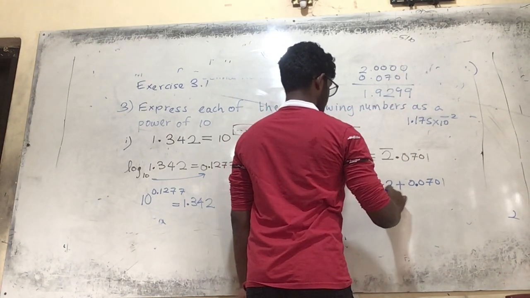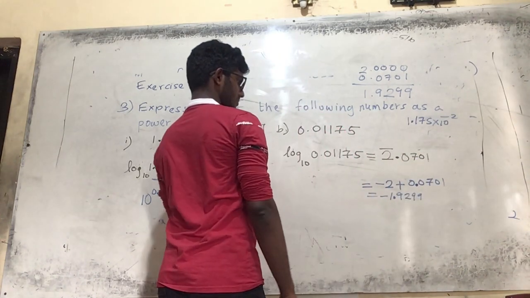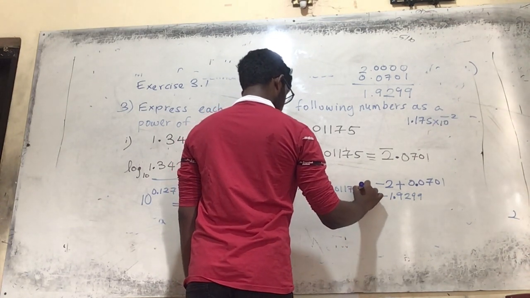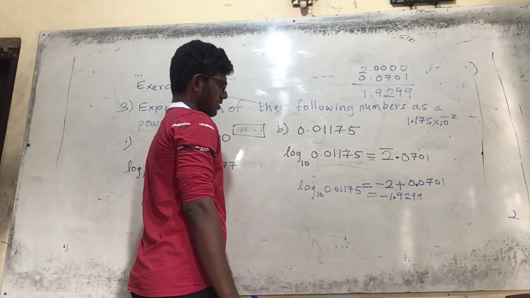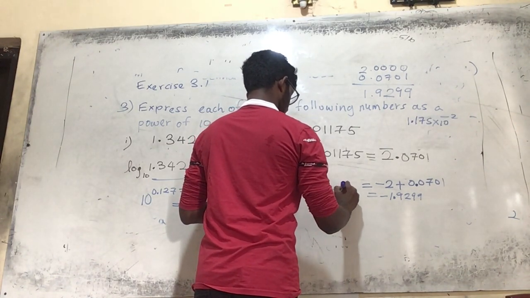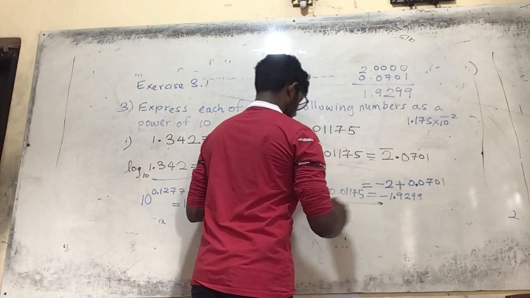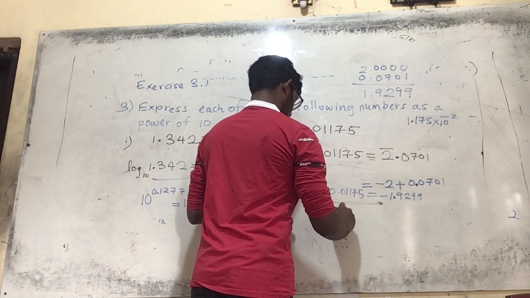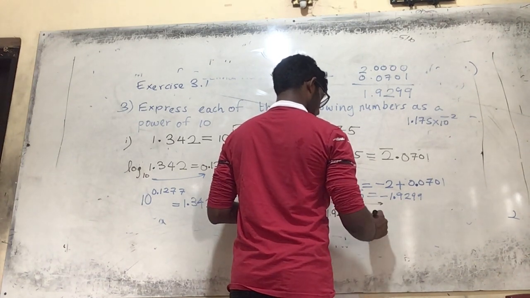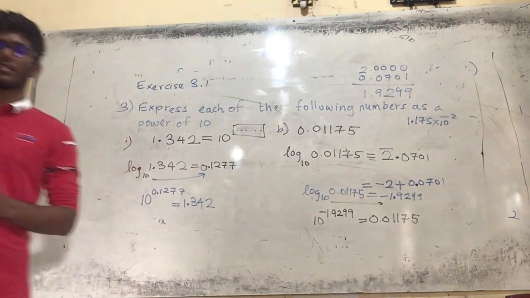That is minus 1.9299. Then next row, 10 to the power. Pause the video like this.